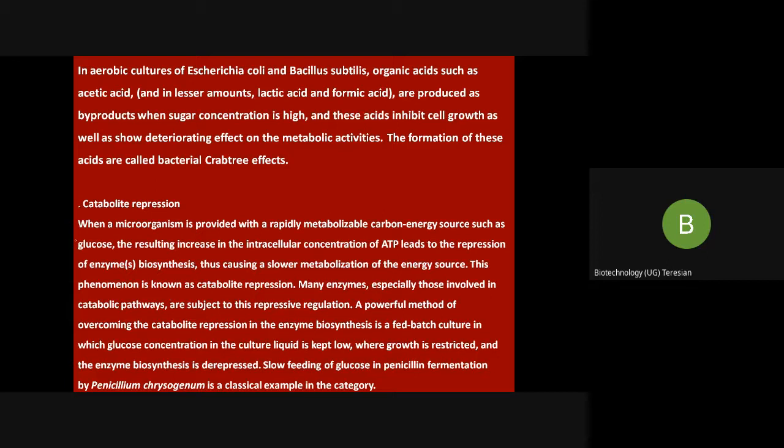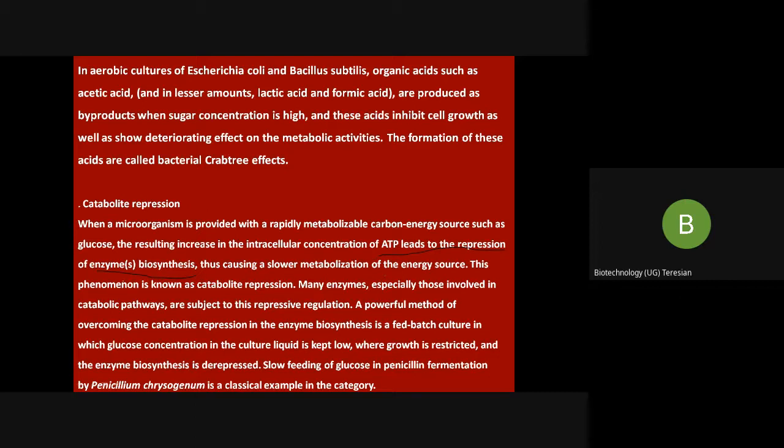When a microorganism is provided with a rapidly metabolizing carbon energy source such as glucose, the resulting increase in the intracellular concentration of ATP leads to the repression of enzyme biosynthesis. So your catabolism has produced ATP, but what is your ATP doing?